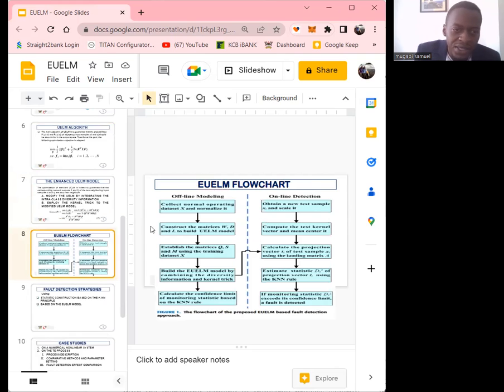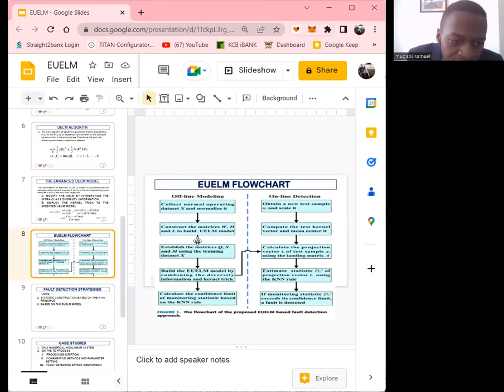Let's look at the flowchart. In the flowchart, this is how the methodology is applied. So you collect normal operating data and you normalize it. Then after that, construct matrices to build the unsupervised extreme learning model. Then establish the matrices using the training data set.